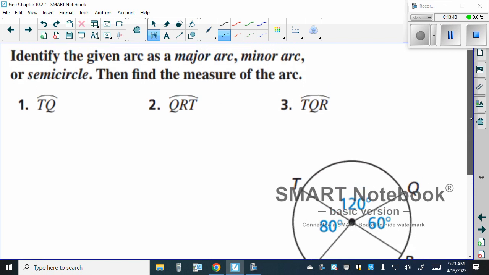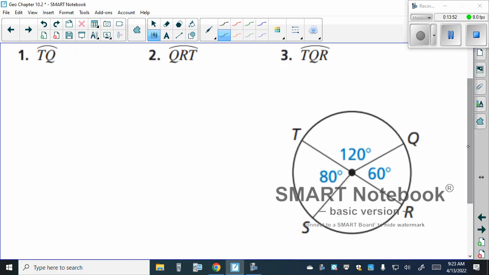Okay, identify the given arcs as major, minor, or semicircle. TQ. There are two letters, but what's the measure? 120.